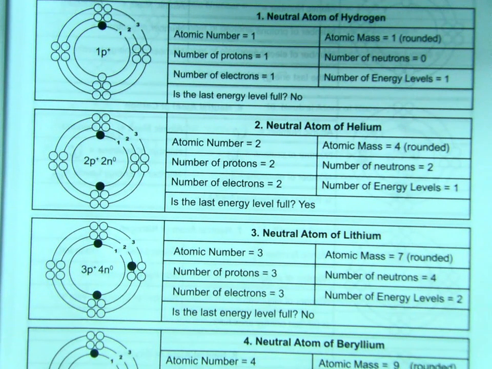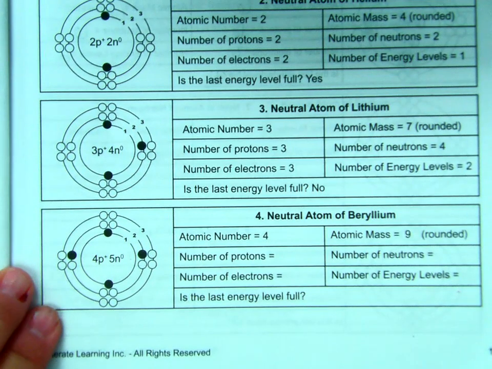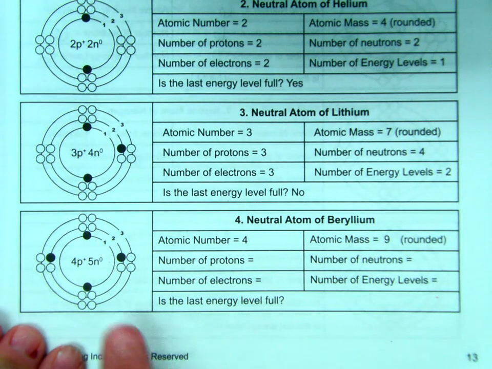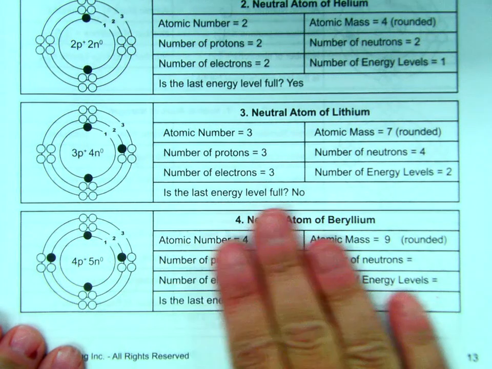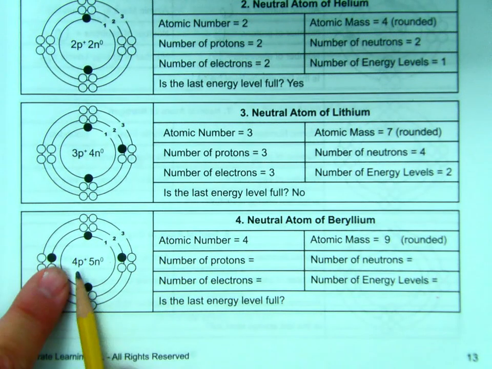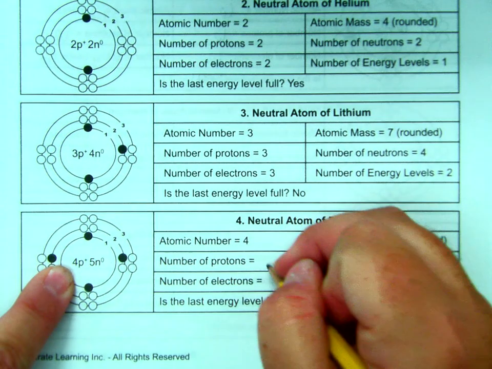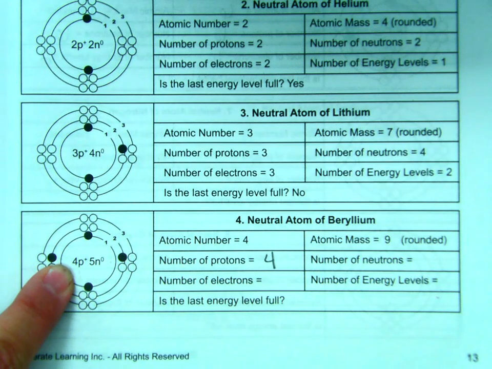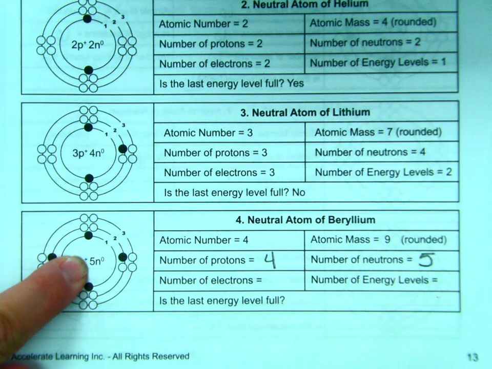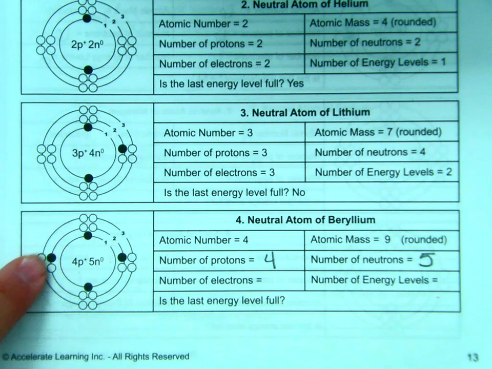So let's look at number 4. Number 4 is partially done for you. They've given you the image, but you haven't filled in the blanks. So let's go over that one together. So looking at the image here, it says 4P plus. That means we have 4 protons. 5NO. That means we have 5 neutrons. And then looking at our picture, 1, 2, 3, 4.